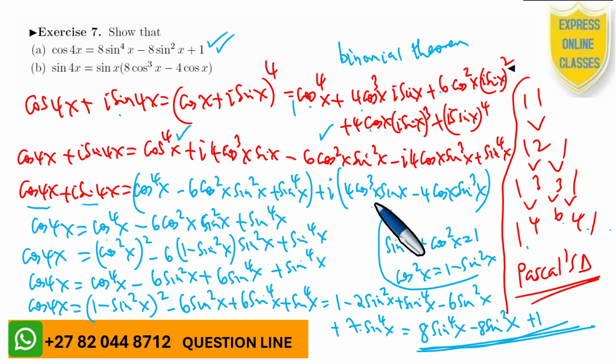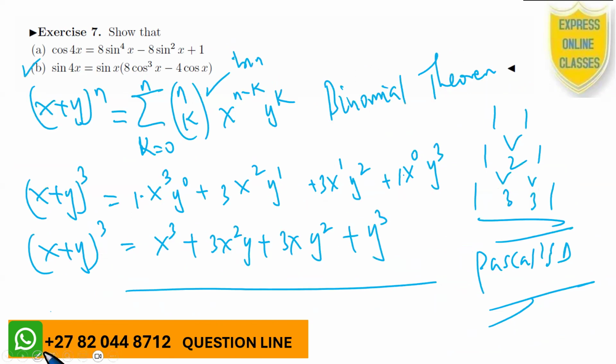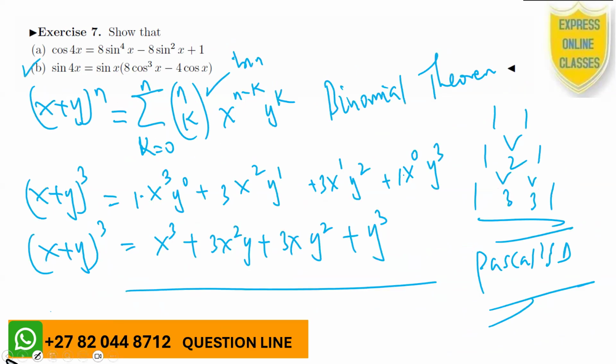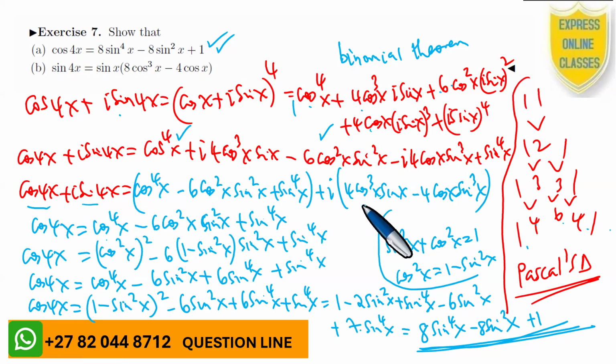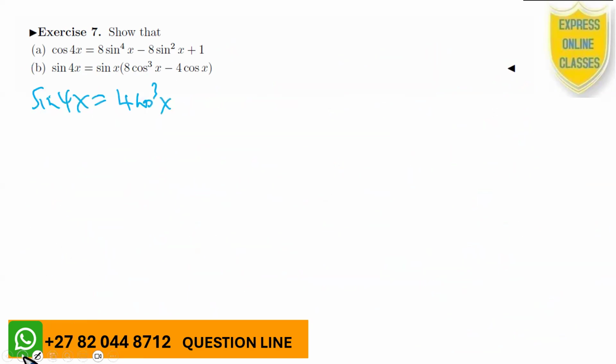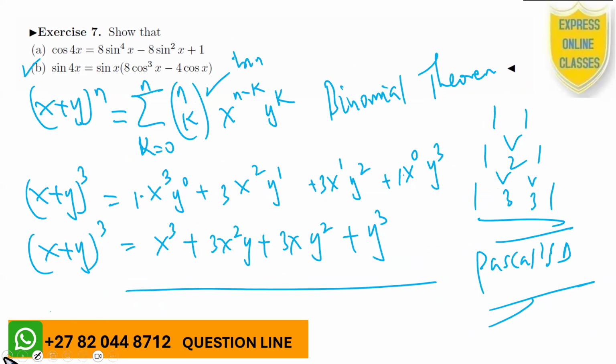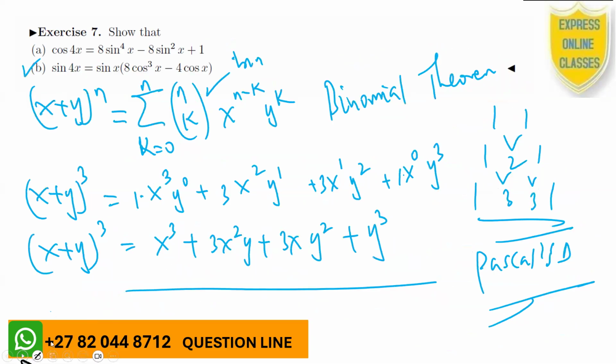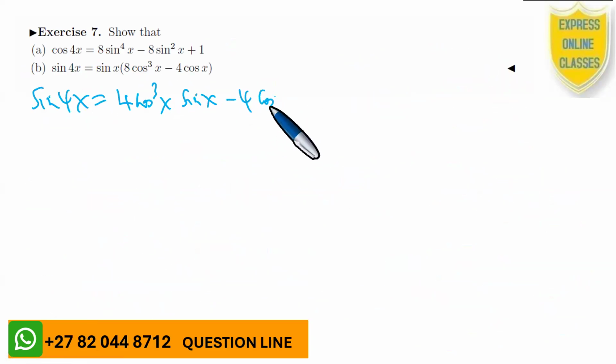So the sine 4x is 4 cosine cubed x sine x, minus 4 cosine x sine cubed x.